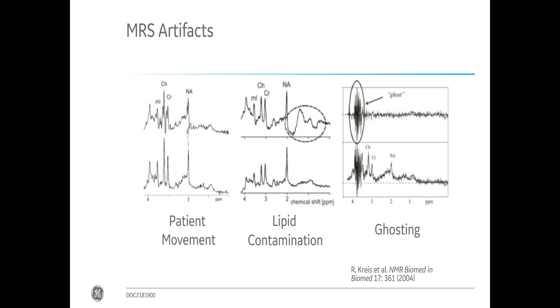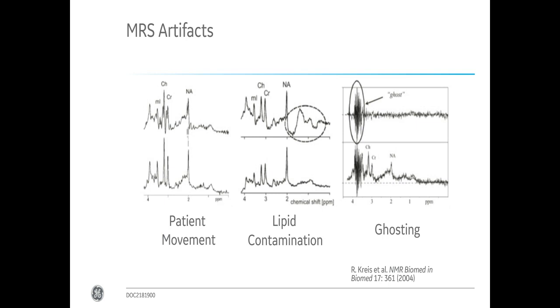Lipid contamination, we see here lipid contamination. Do we know if this signal has an effect on the NAA? That's the reason why, if we see negative bumps next to NAA, we should be careful. And we can even have severe hardware problems or sequence problems and get high ghosts.